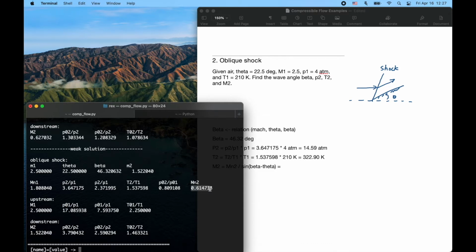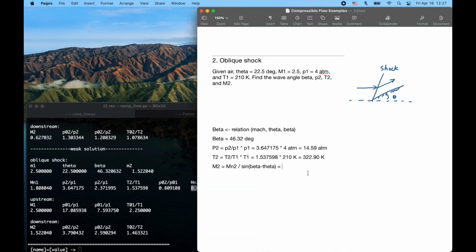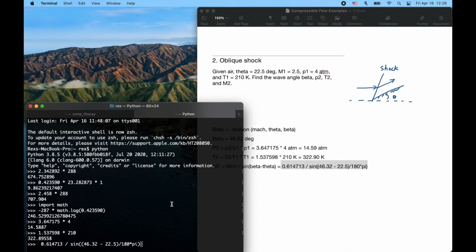Mn2 is this number from the normal shock relation, divided by sine of beta, which is this, minus 20.5 degrees. Because this is in degrees, we want to multiply by pi over 180.